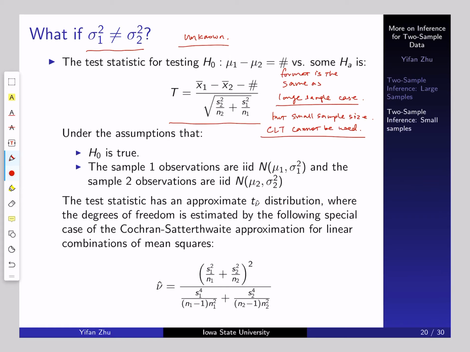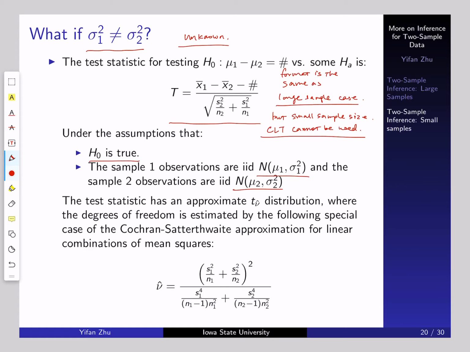Therefore, we need some extra assumptions. So the extra assumption is that they are normally distributed.